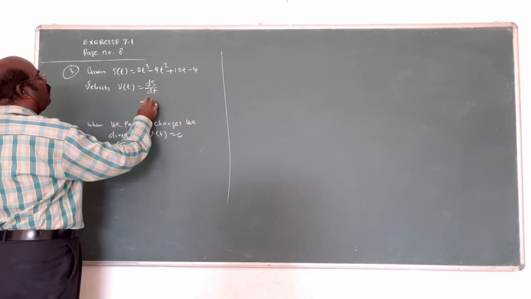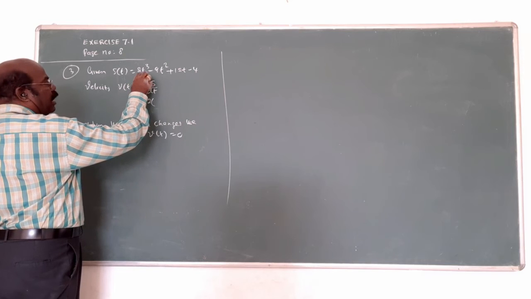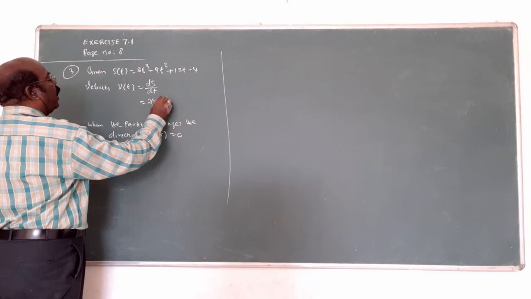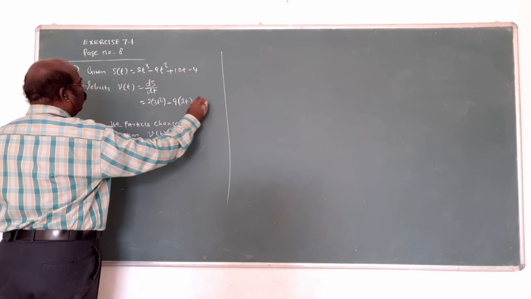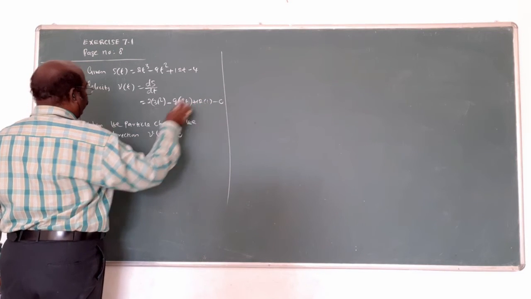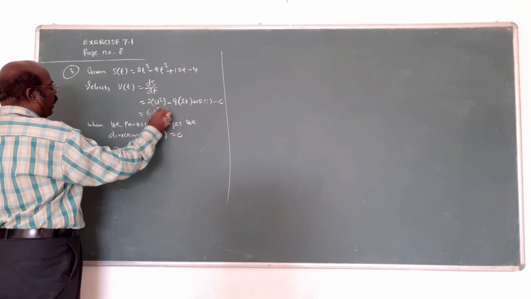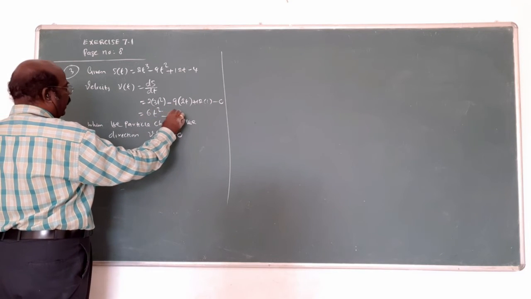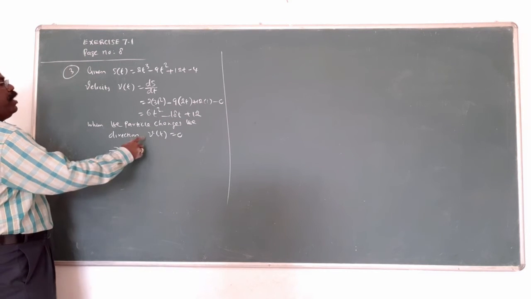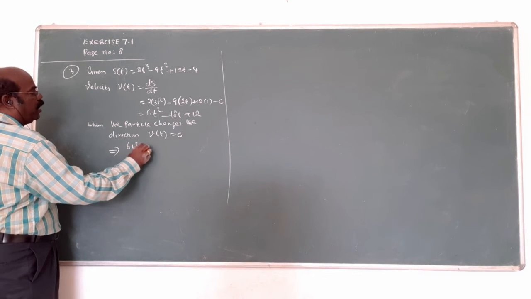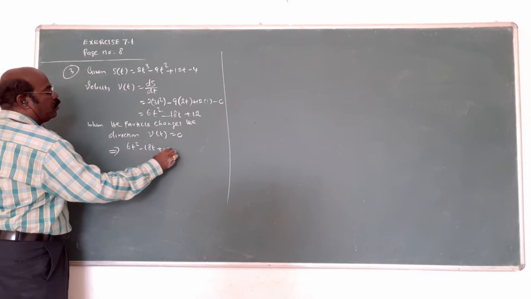Differentiating, 2 into 3t square, 9 into 2t, plus 12 into 1, minus 0. Therefore, 6t square minus 18t plus 12. Am I right? Now V of t equal to 0 means 6t square minus 18t plus 12 equal to 0.